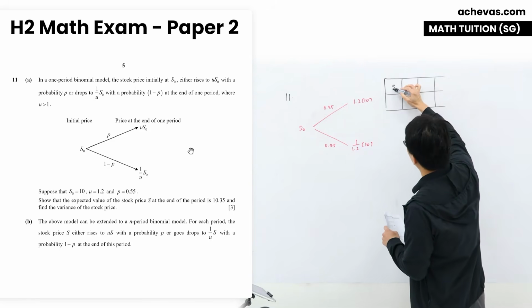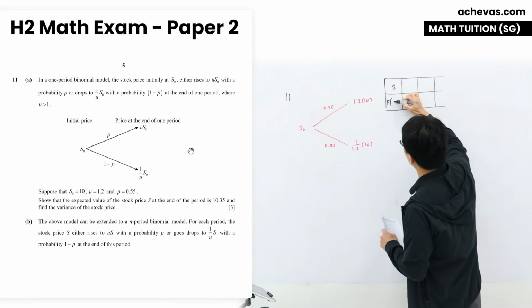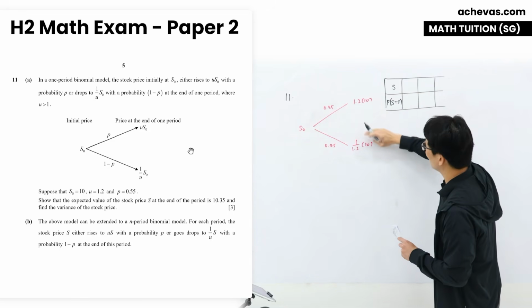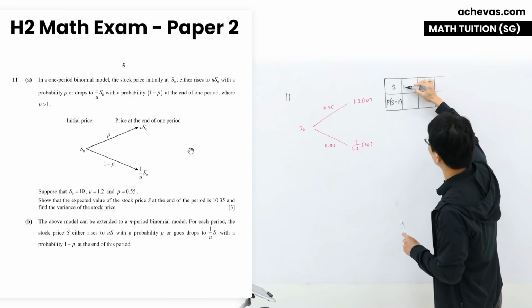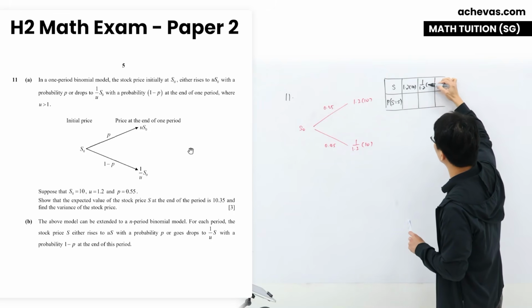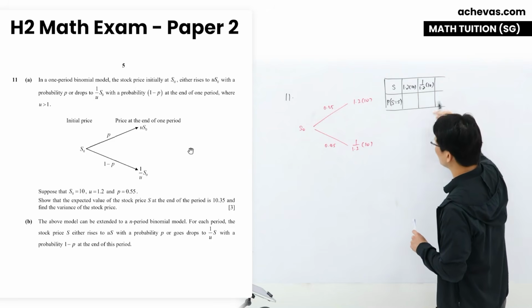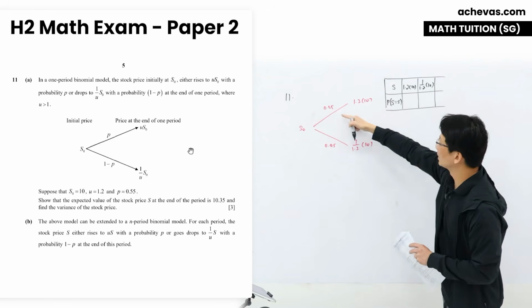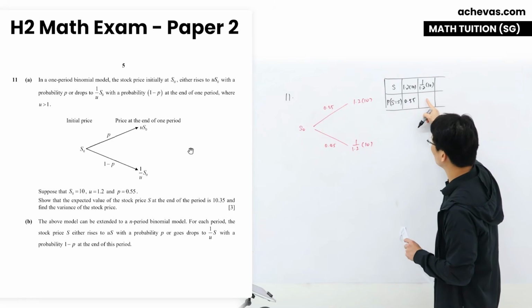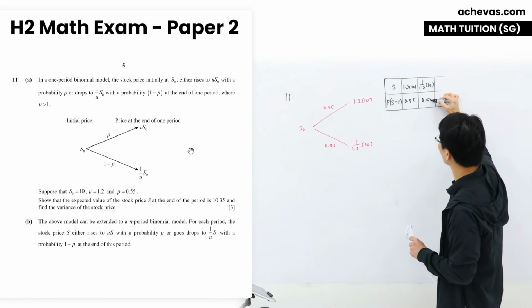This will be my S, and this will be my probability of big S equal to S. The values that we will be having are either this value or this value. So it's 1.2 times 10, or it can be 1 over 1.2 times 10. To get the probability of this one, it's just 0.55, and the probability of this one is 0.45.